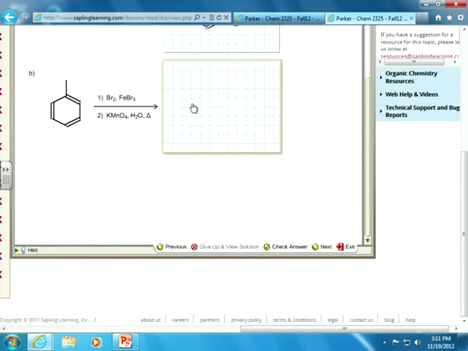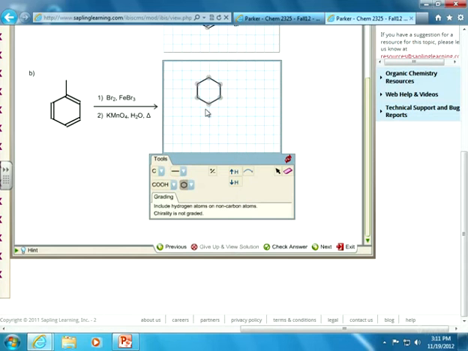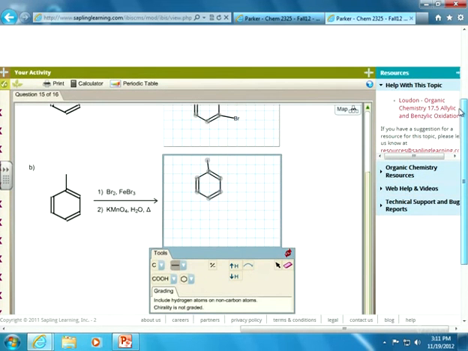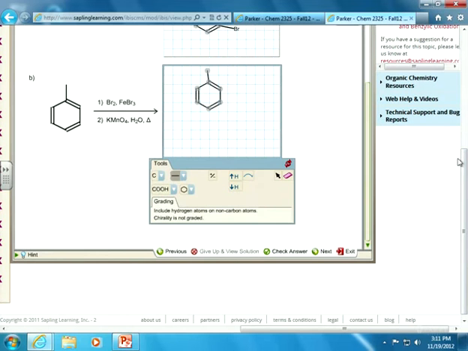So I have my methyl. Haven't done anything with that yet. And it said, if I remember, let's say you only have to draw one of them. So you either have to draw the ortho or the para. It doesn't matter which one.